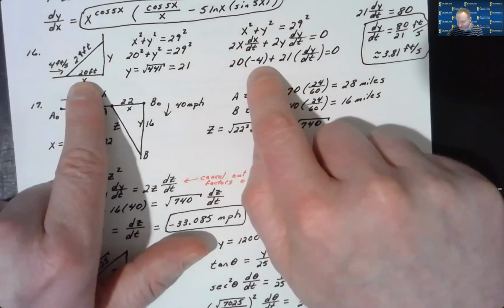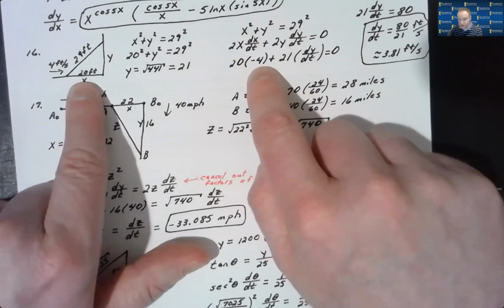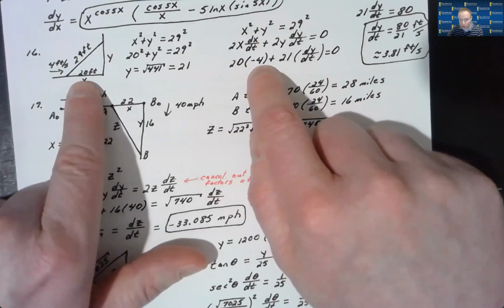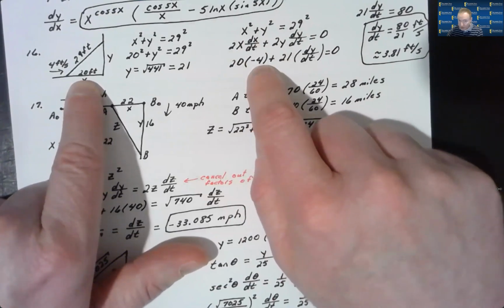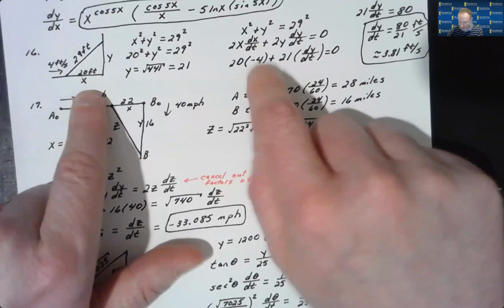For dx/dt, please be careful there. A lot of students will mess up and say, oh, dx/dt is 4 because it says it's being pushed towards the wall at a rate of 4 feet per second. You're probably not going to be given the negative sign. You have to understand that in relation to the length of x.